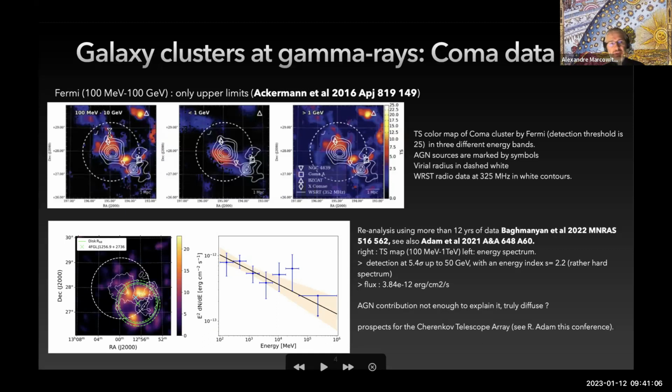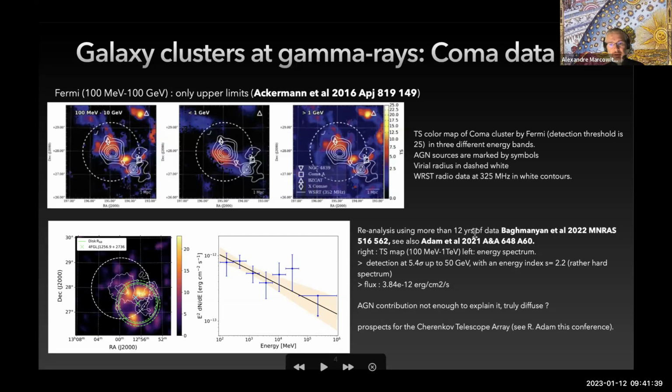Here you have an image of the gamma ray emission, and the contours are from radio, 325 megahertz, and in dashed line you have the virial radius of the Coma cluster. This is a TS map. In order to have a detection, you have to have your TS around 25. So there was barely any detection there.